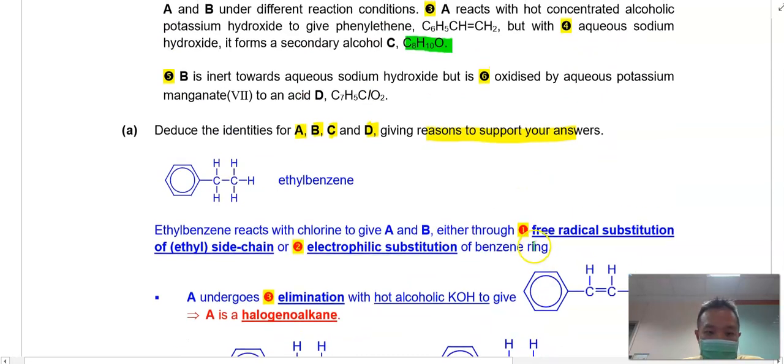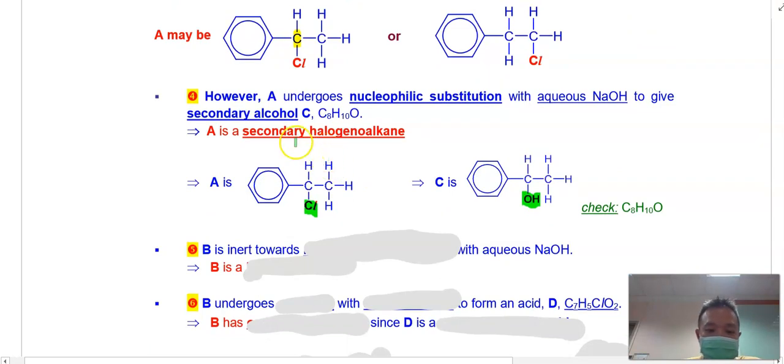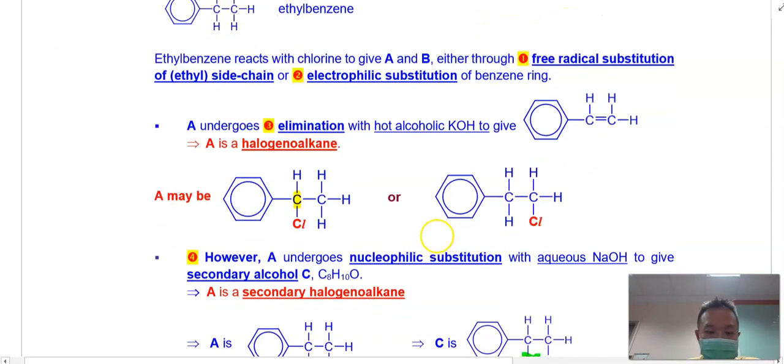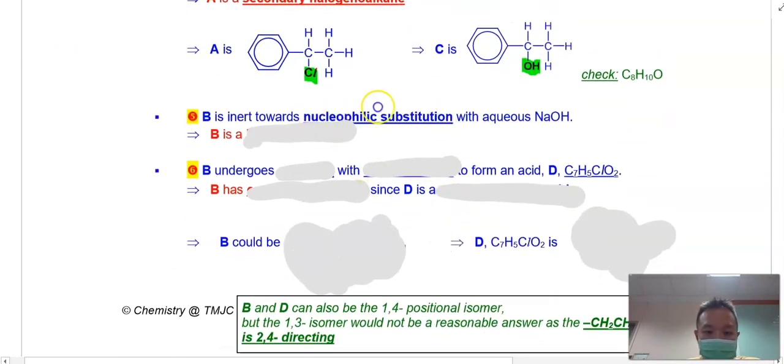Okay? Now, moving on, we say that B is inert towards sodium hydroxide. Inert means there's no reaction. So what can we write? When we say it's inert towards reaction, we can also write a type of reaction that it does not undergo. So B does not undergo what kind of reaction with aqueous NaOH? Aqueous NaOH is always nucleophilic sub, right? So it's inert towards nucleophilic sub.